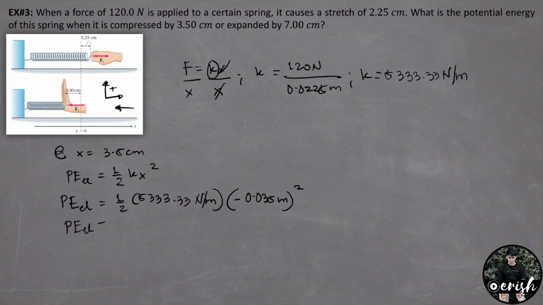Elastic potential energy at the scenario na kinompress natin by 3.5 centimeters is equal to 3.27 joules.